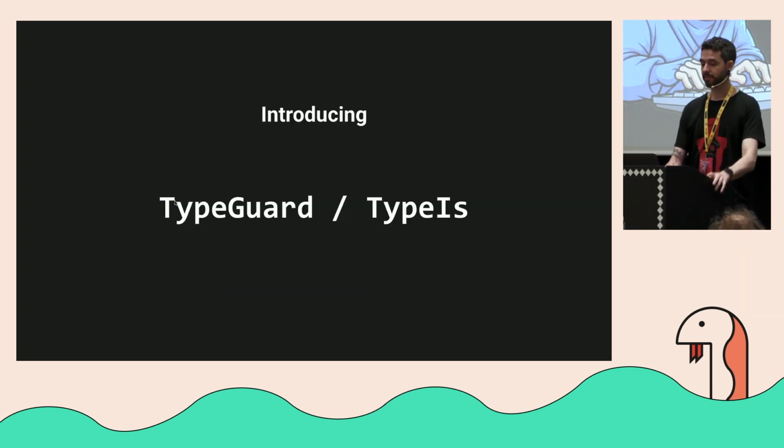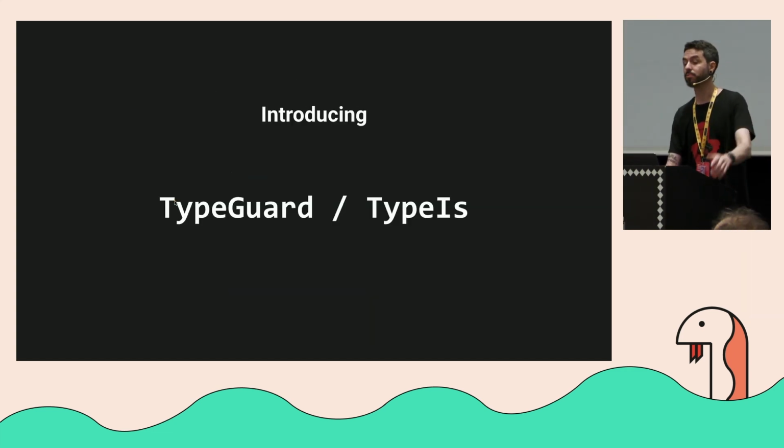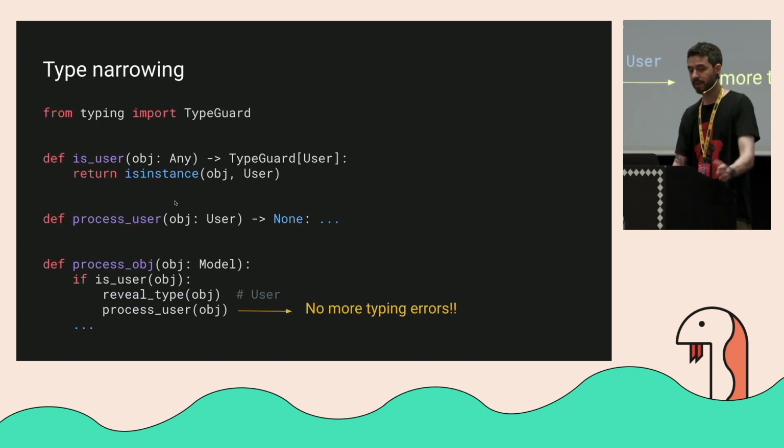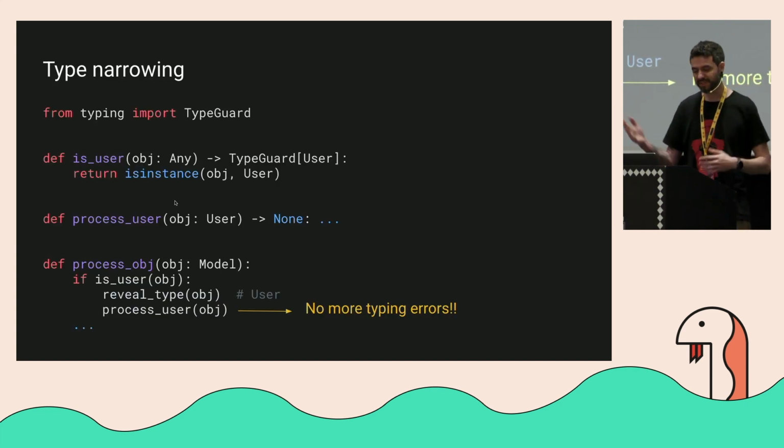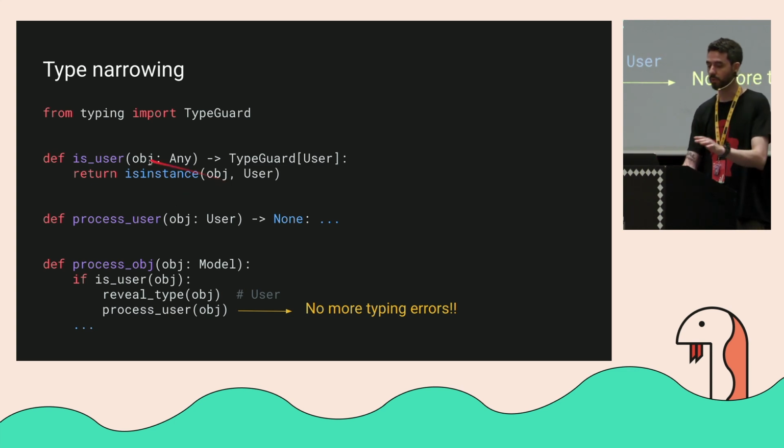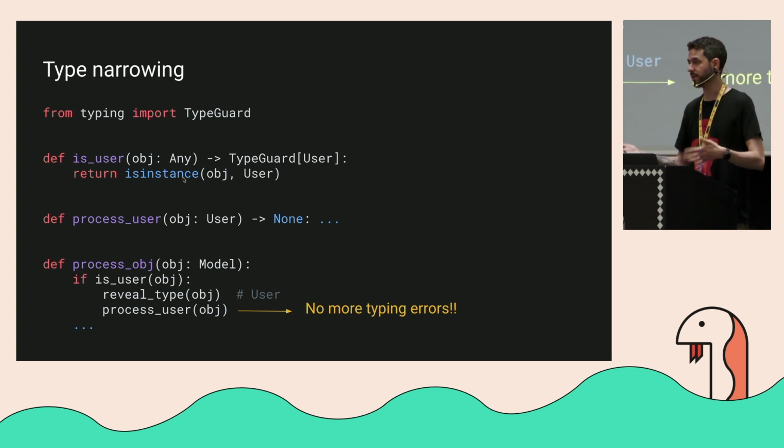So it's Ninja time again. Let's introduce now TypeGuard and TypeIs. That's the whole reason why TypeGuard exists. This is a very simple example. Probably you would want to use isinstance directly, but maybe you have a more complex case to check if something is of a given type. In this case, the TypeGuard can be used as a return value to a function which returns a Boolean, true or false.